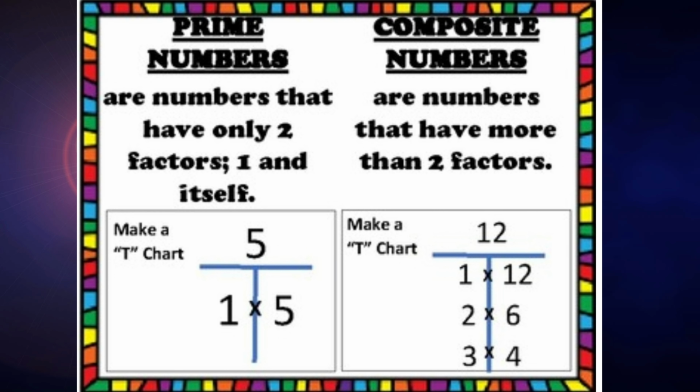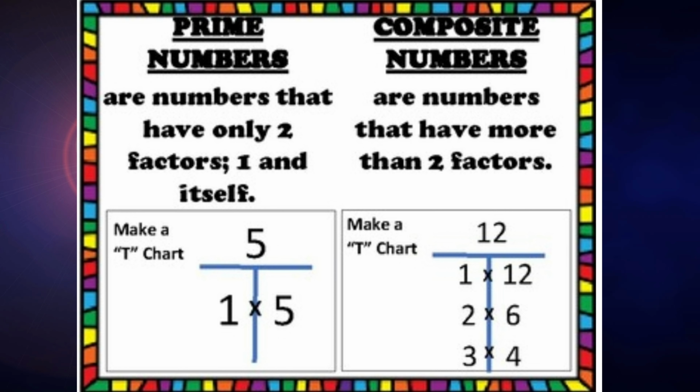Prime number: a number that has only two factors, that is 1 and itself. Suppose I take the example of 5, it has only two factors, 1 and itself, 5.